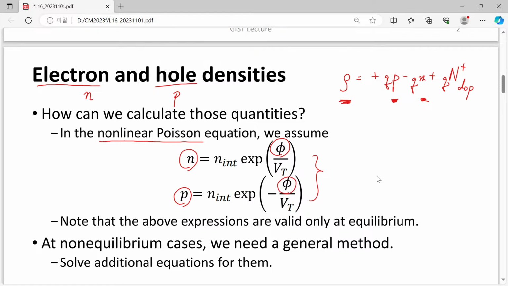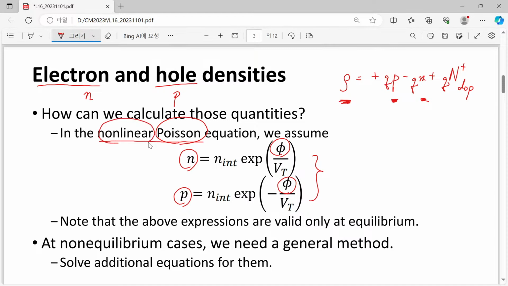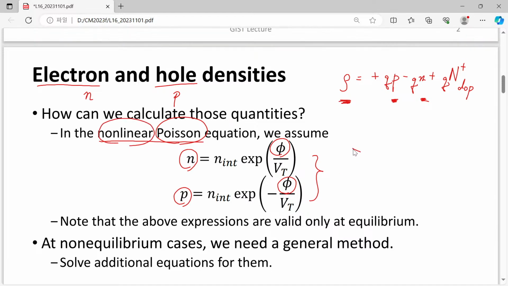That's the reason why this Poisson equation is called the nonlinear Poisson equation. Where can you find the nonlinearity? The nonlinearity comes from these two expressions. The electron density becomes a nonlinear function of the electrostatic potential, so the overall Poisson equation becomes nonlinear.